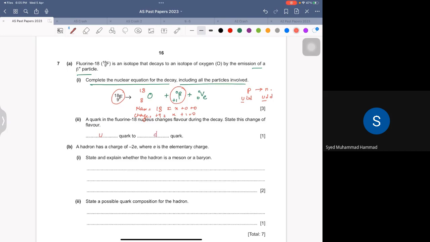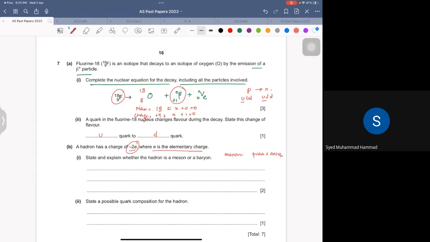Then a hadron has a charge of minus 2e, where e is the elementary charge. State and explain whether the hadron is a meson or a baryon. Interesting. Now we need to check whether it's a baryon or not. The issue with a meson is that mesons are made of a quark and an anti-quark.